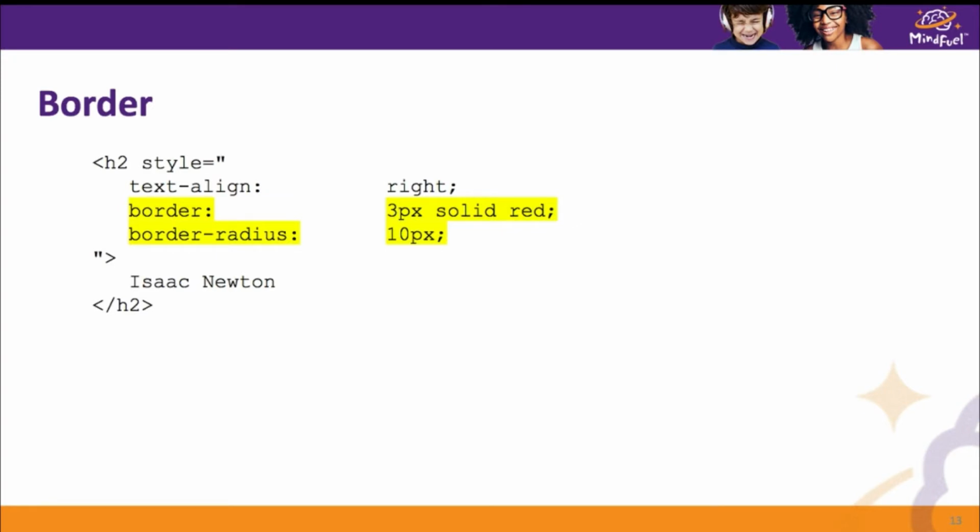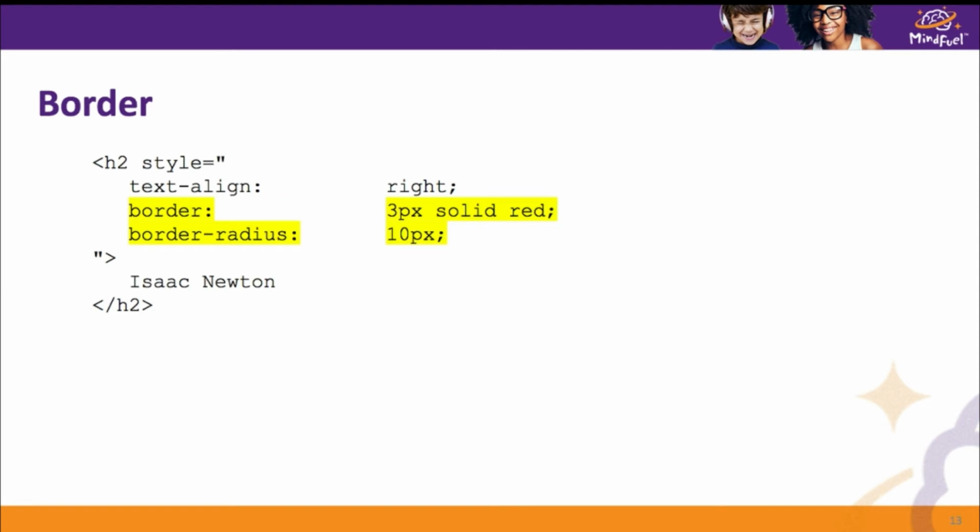Another great way to spice up your page is to add borders to separate and highlight important text. Let's add a couple of properties to a tag. I'm going to keep working with my H2 tag section, but you can add this to an H1 heading, a paragraph, an image, or div tag too. So let's break down the highlighted code here.